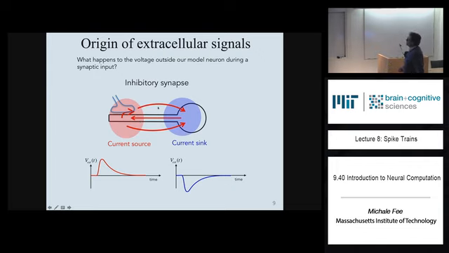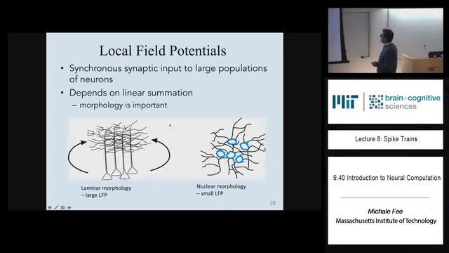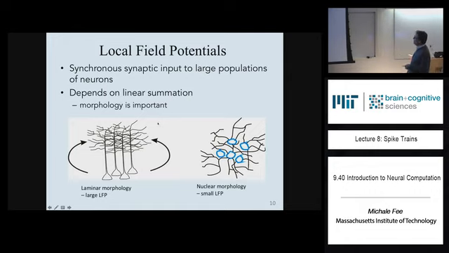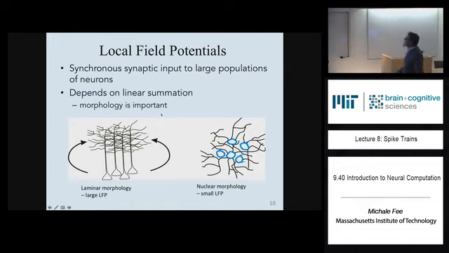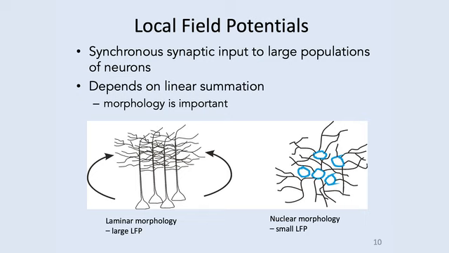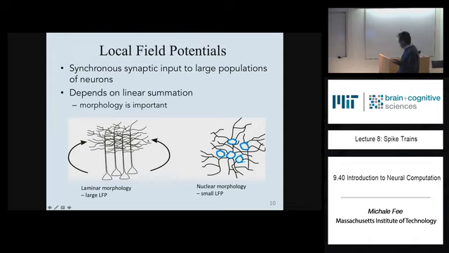But in the brain, neurons are not isolated, but are in the tissue next to many other neurons that are also receiving inputs and spiking. So it turns out that the types of electrical extracellular signals that you see in the tissue depends very much on how different cells are organized spatially.